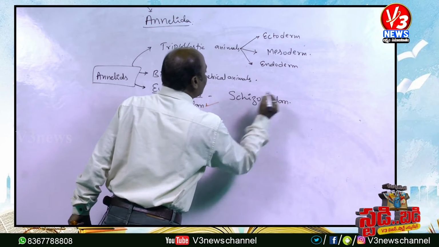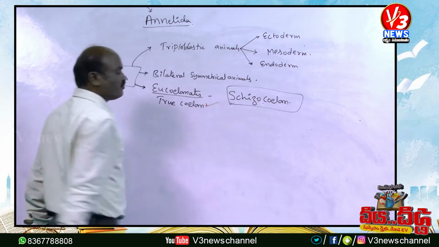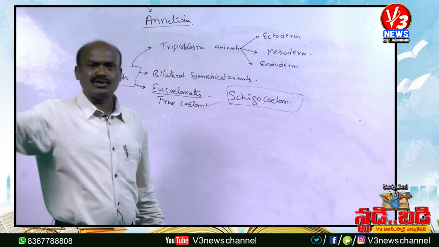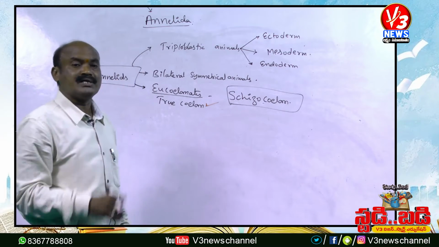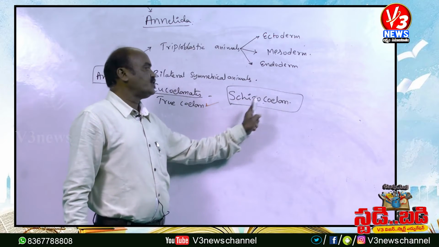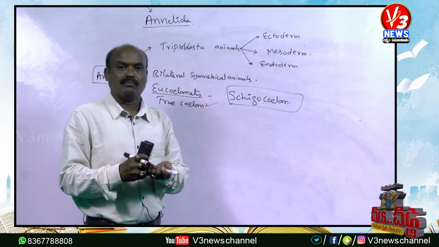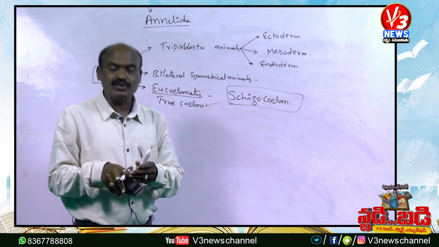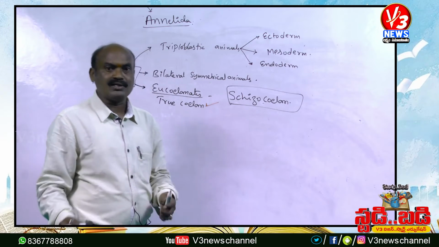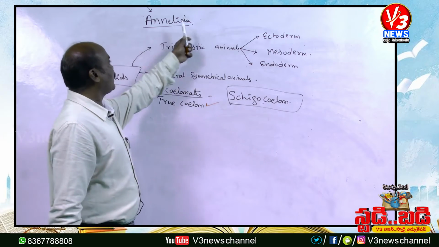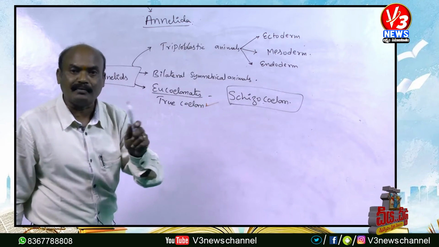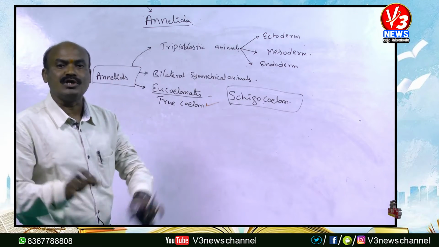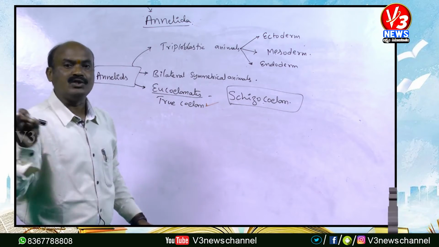This is a very important point. In echinoderms, that is in deuterostomes, enterocoelom is there. One type of true coelom is the schizocoelom, and the other type is enterocoelom. Now in today's class, we are going to take the characteristic features of the phylum Annelida. Annelids possess the schizocoelom type of true coelom.